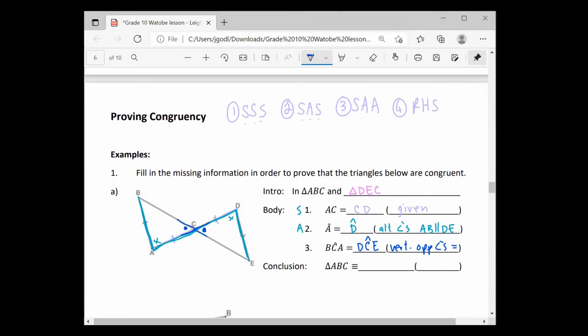We use it all. And so that was another angle. Then we put this all together. We see, okay, well, we found side, angle, angle. That's our case of congruency. So I can say triangle ABC is congruent to triangle DEC. And my reason would be side, angle, angle.